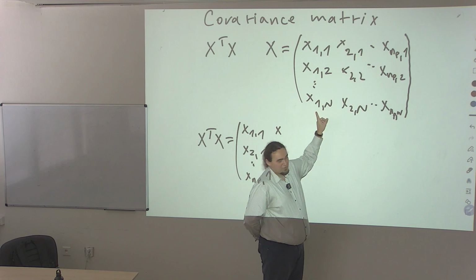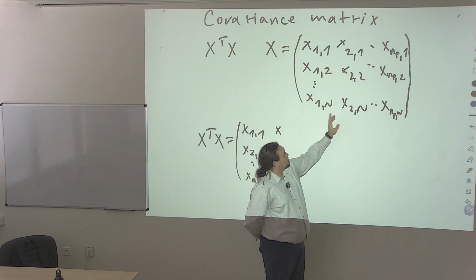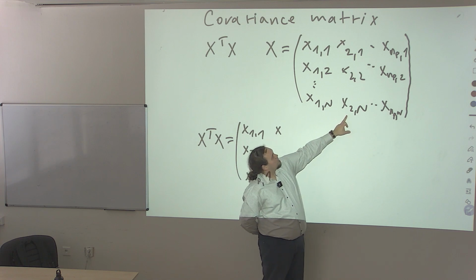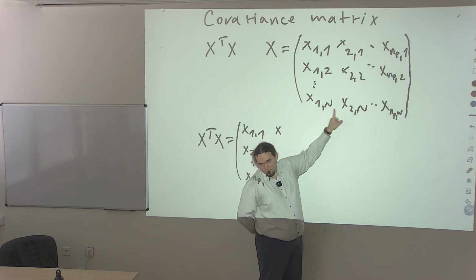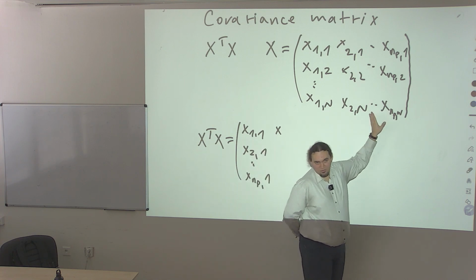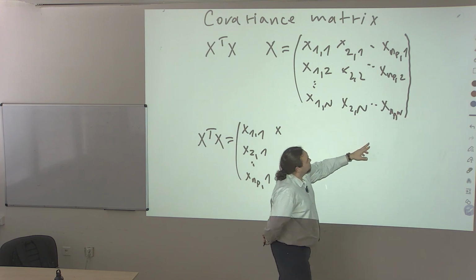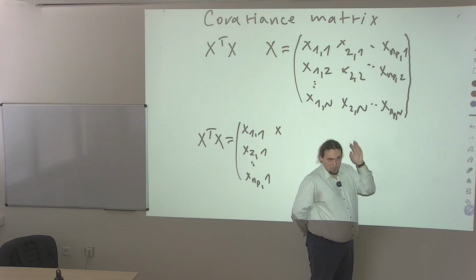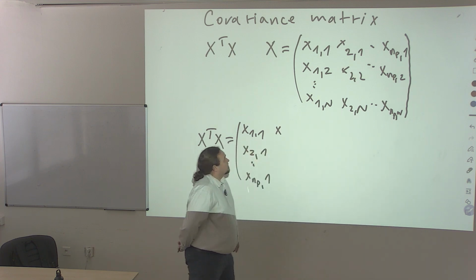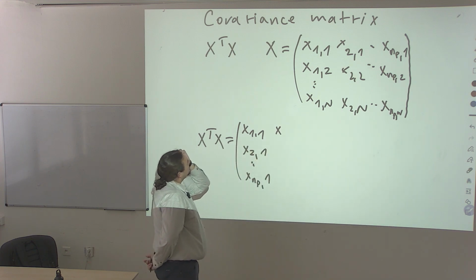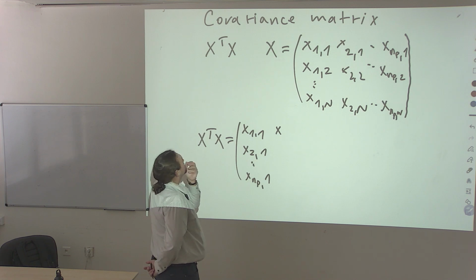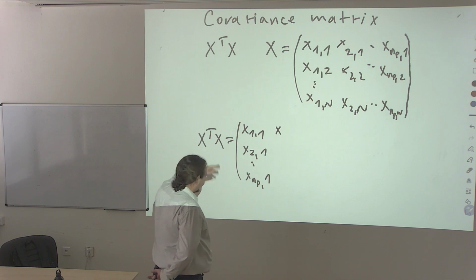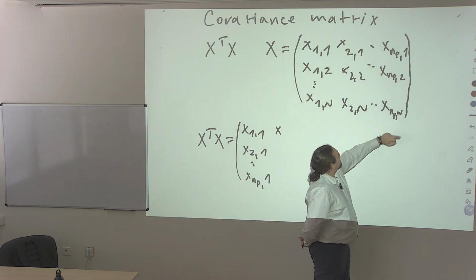In the former matrix X, when we shifted from the first column to the second column, our first sub-index changed from 1 to 2, then from 2 to 3, 3 to 4, and so on, until we ended up with NP being the first index, telling us the first variable and variable.